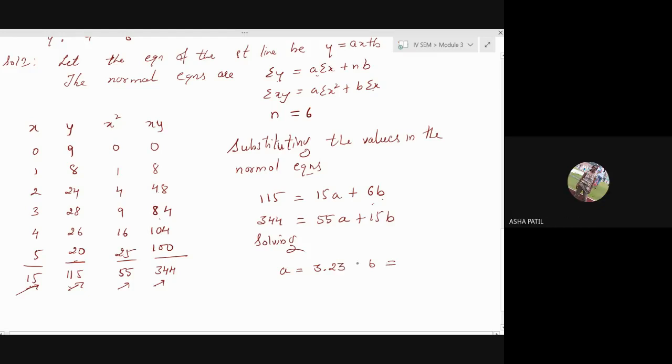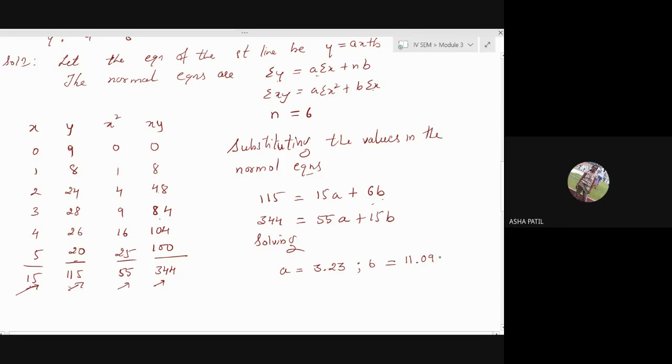B value 11.09, rounded off 095. 095 or 096? I think I wrote 11.096. Is it okay? Or you have got 11.095? 9.5, ma'am. Okay.